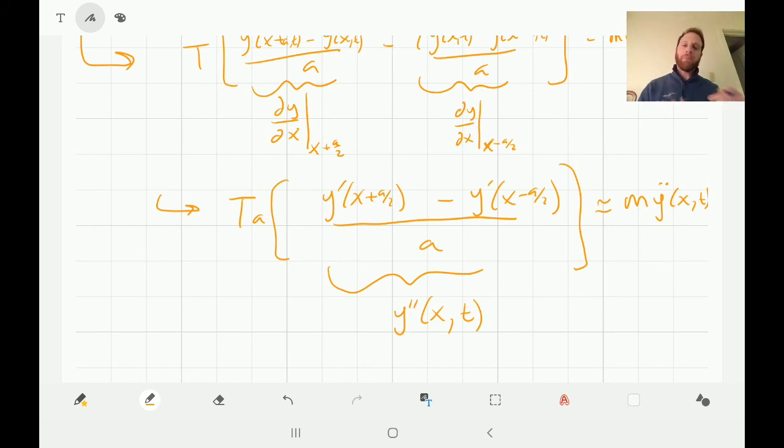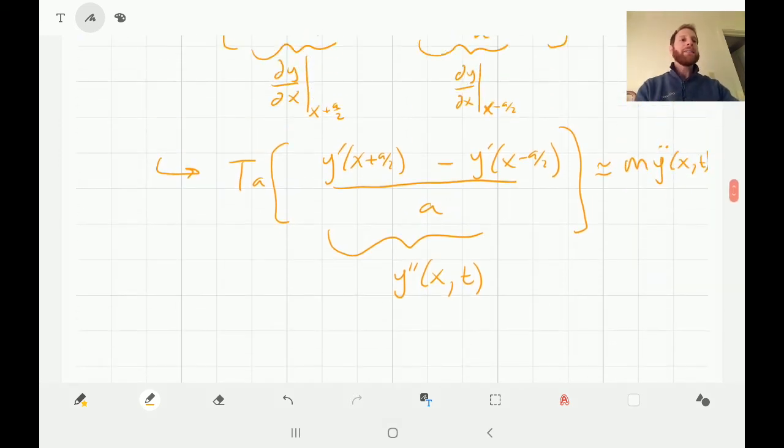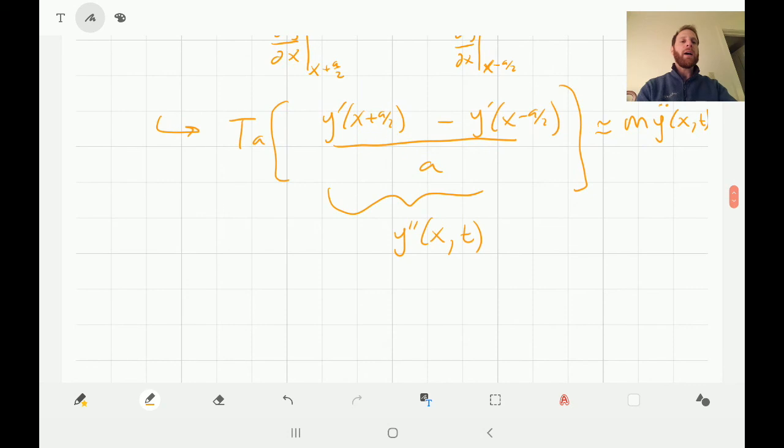We imagine that we've made a so small that this is approximately true. Lastly, I'll take the a to the other side, so it looks like T times y double prime, in other words, derivatives with respect to x, is approximately equal to m over a times y double dot, x and t.